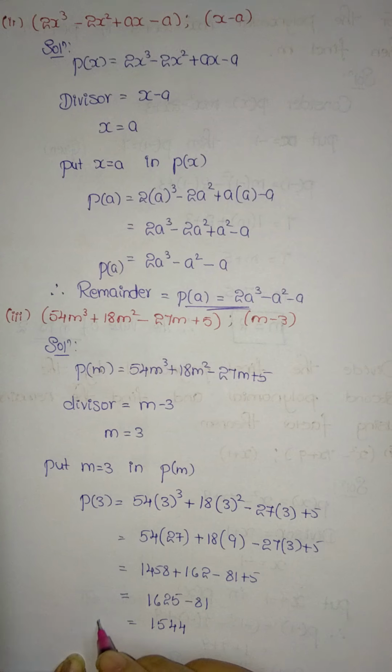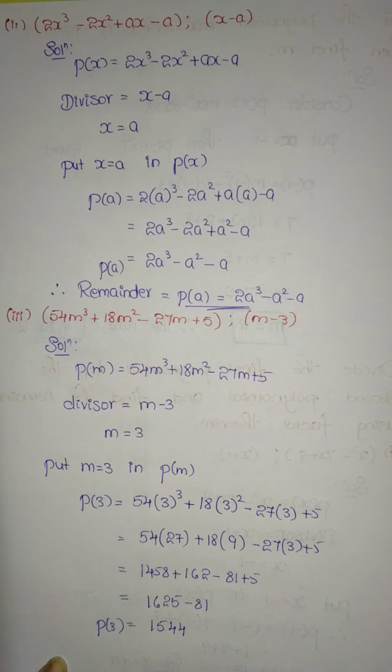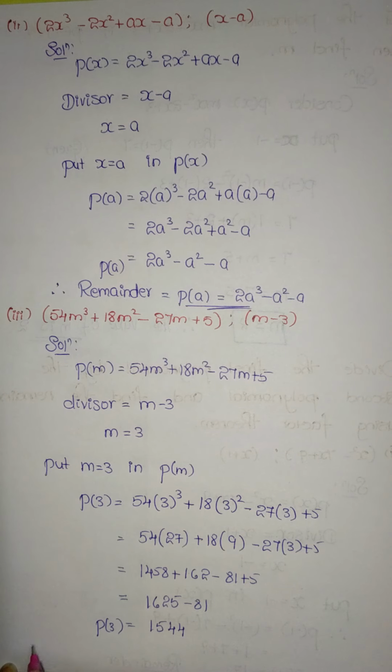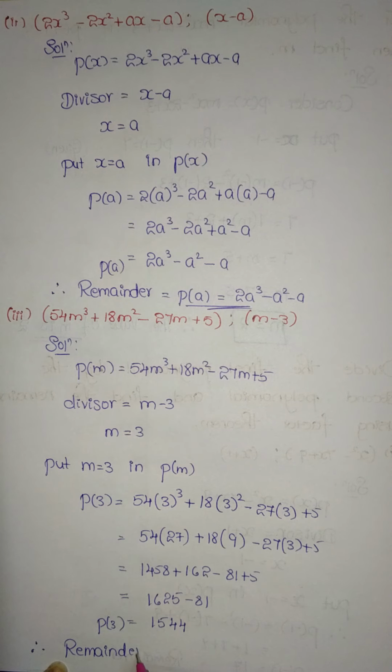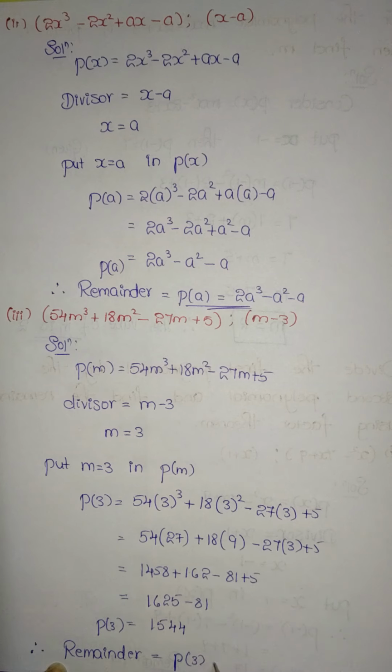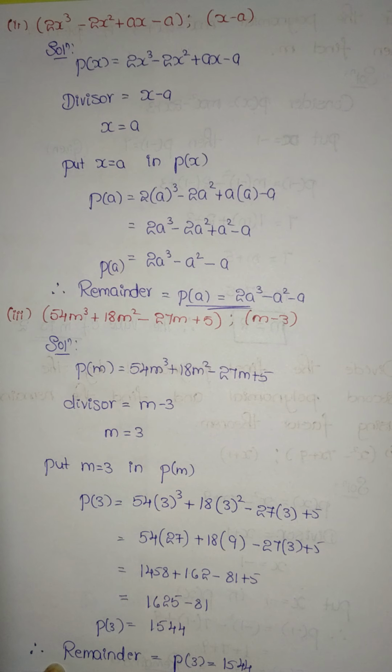So p of 3 equal to 1544. Therefore remainder is 1544. So remainder, which is equal to p of 3, which is equal to 1544. So it completes our question number 3.